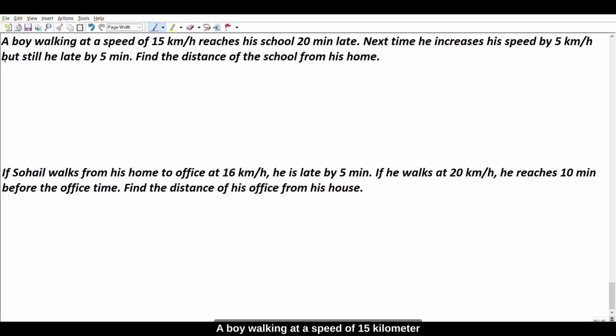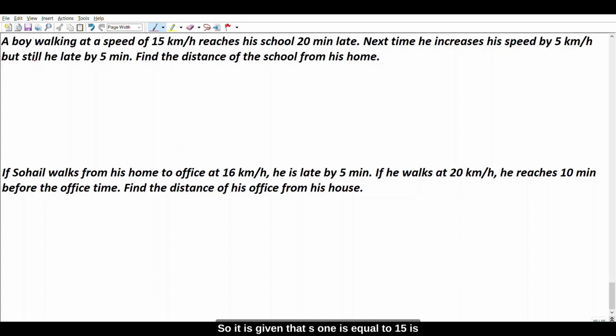A boy walking at a speed of 15 km per hour reaches his school 20 minutes late. Next time he increases his speed by 5 km per hour, but still he gets late by 5 minutes. Find the distance of the school from his home.